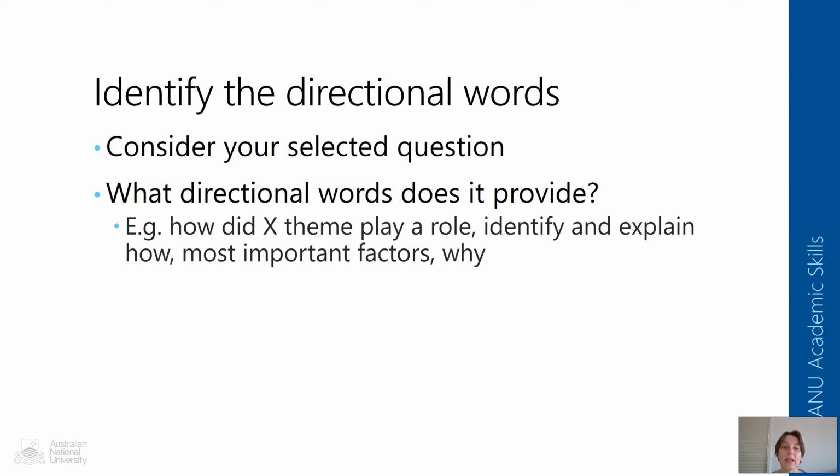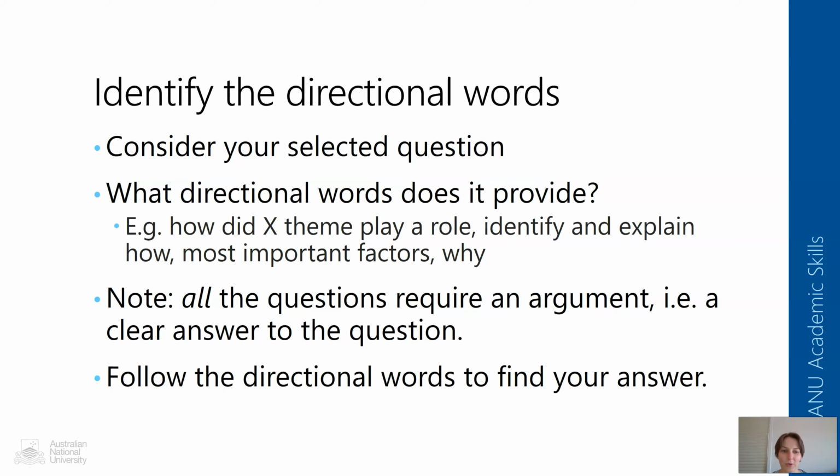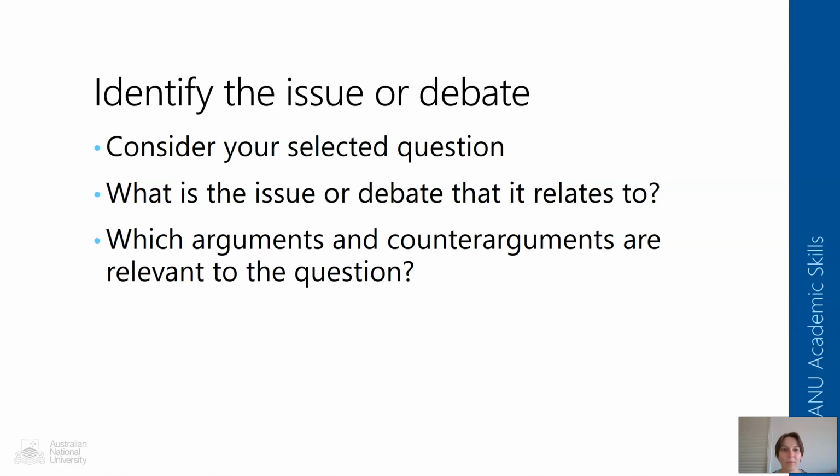They're telling you that you need to analyze how this theme played a role, or what were the factors, which factors were most important. So you've got to answer those questions very clearly. No matter what directional words you're being asked, you have to have an argument. So it has to be really clear what your answer to those questions are. Those directional words can help you to find what kind of answer you will need to have.